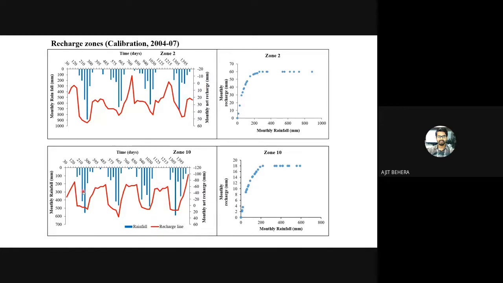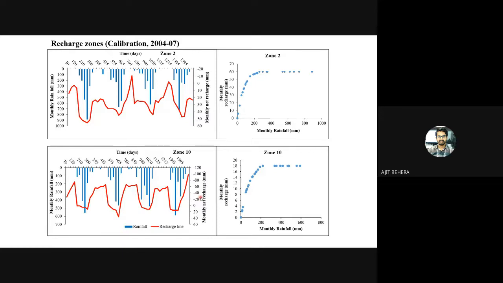In the case of zone 10, which is very close to the seashore, we have a negative recharge. You see, the monthly net recharge is negative, meaning the withdrawal of groundwater is more than the recharge. That's why the recharge is negative.